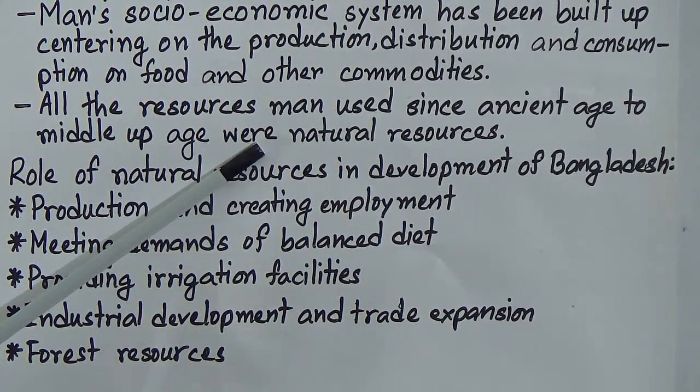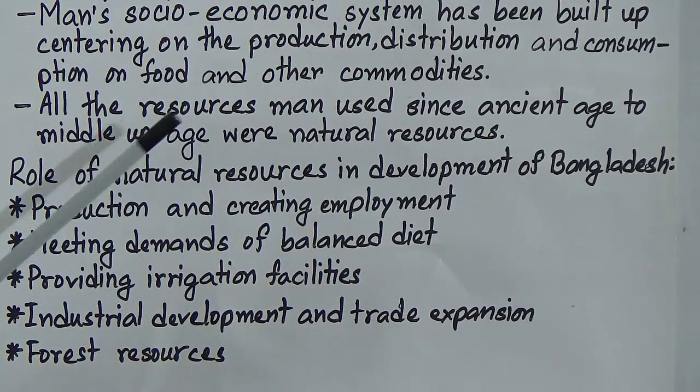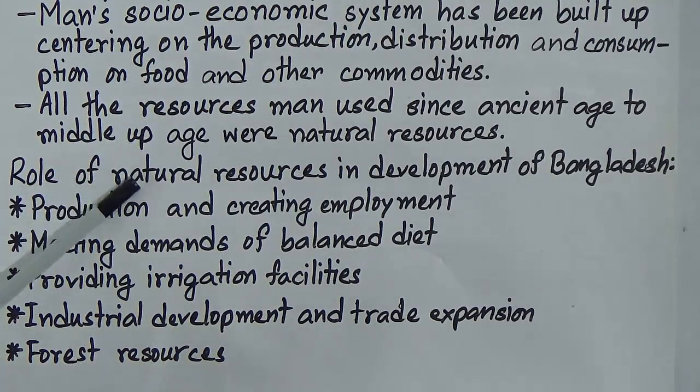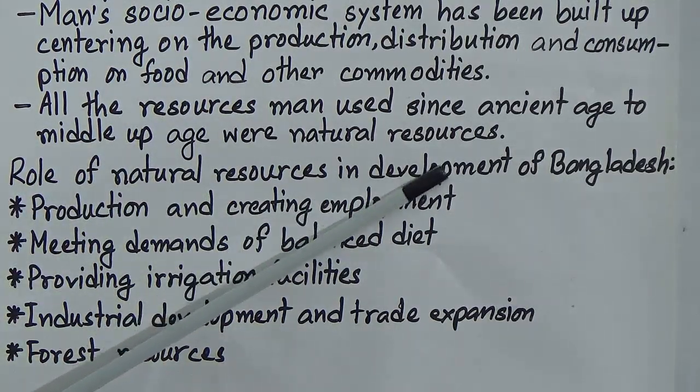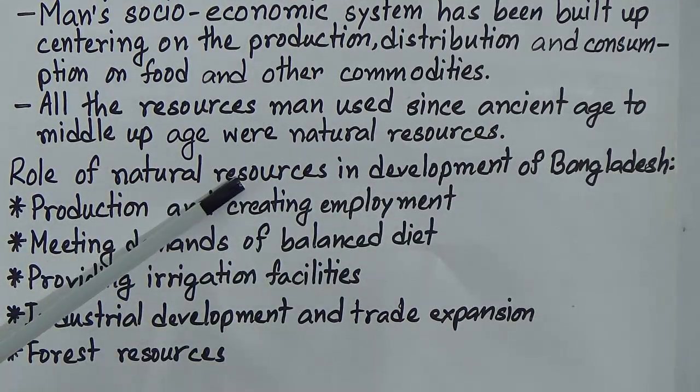In the modern age, people have dug out minerals such as coal, iron, stone, gold, gas, etc. and utilized them with great skills and improved socio-economic condition. Now we will know the role of natural resources in development of Bangladesh. That means what are the roles of these natural resources in the development of the economic condition.